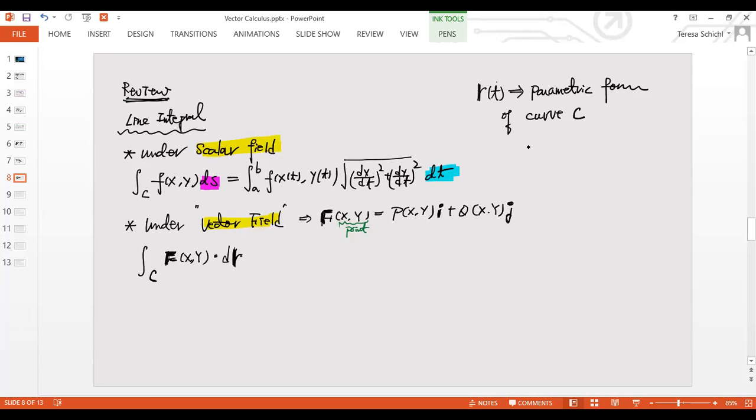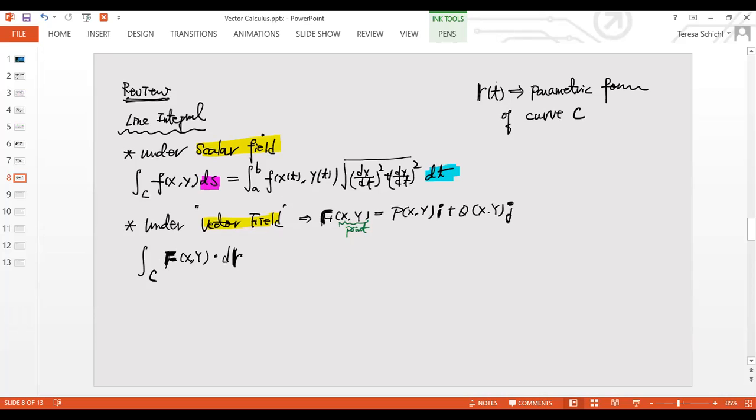So that's how we define it: the line integral over the vector field is the vector field dotted with the derivative of this parametric form.